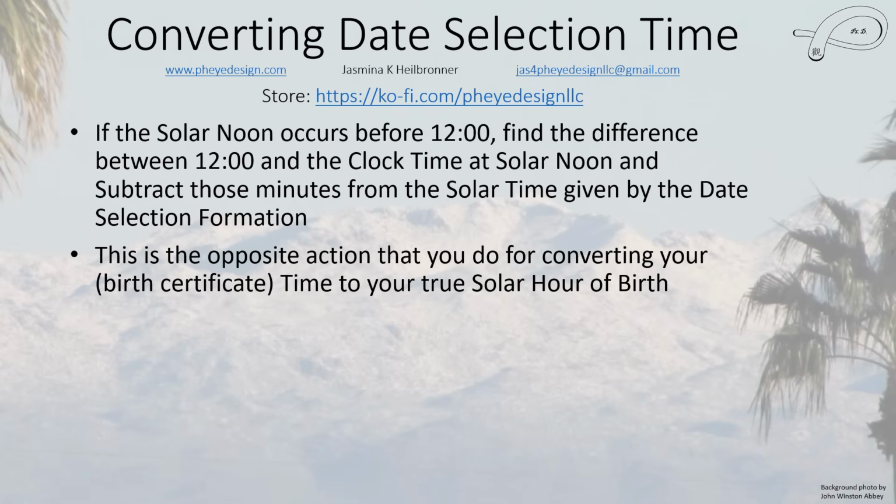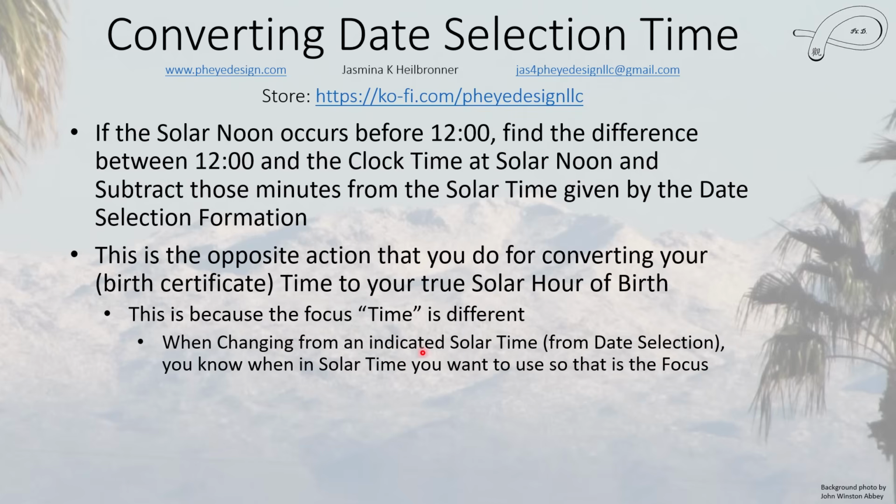This is the opposite action of what you do when converting your birth time to your solar time, and that's because the focus is different. When you're changing from an indicated solar time, from date selection, you know when the solar time is, so you use that as a focus.